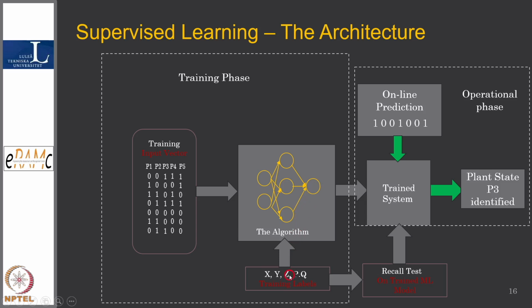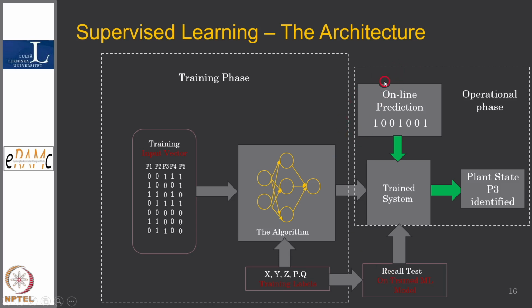As I mentioned in the previous slide, these are training labels X, Y, Z and so on. The ANN has been trained to identify these labels, and I can ideally do a recall test on this trained pattern. So the ANN should be successful in identifying all the 5 patterns. That is part A. The 2 patterns which I have left, it should be able to identify those also.